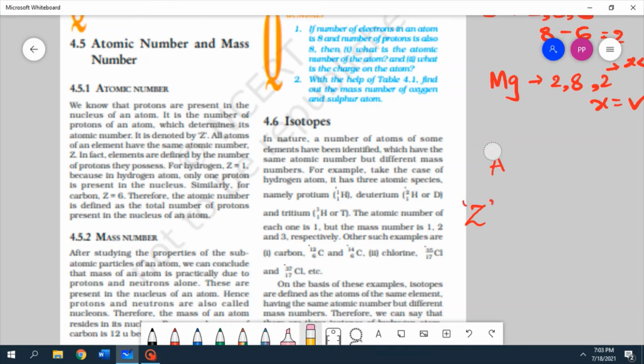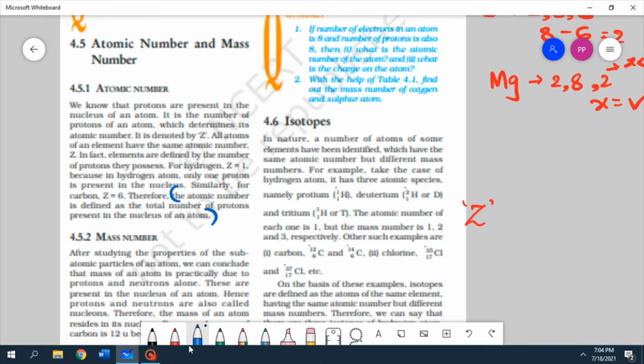Alright, so all atoms of an element have the same atomic number, and elements are defined by the number of protons they possess. So for hydrogen, Z equals 1 because in a hydrogen atom only one proton is present in the nucleus. Okay, and so the atomic number is defined as the total number of protons present in the nucleus of an atom.